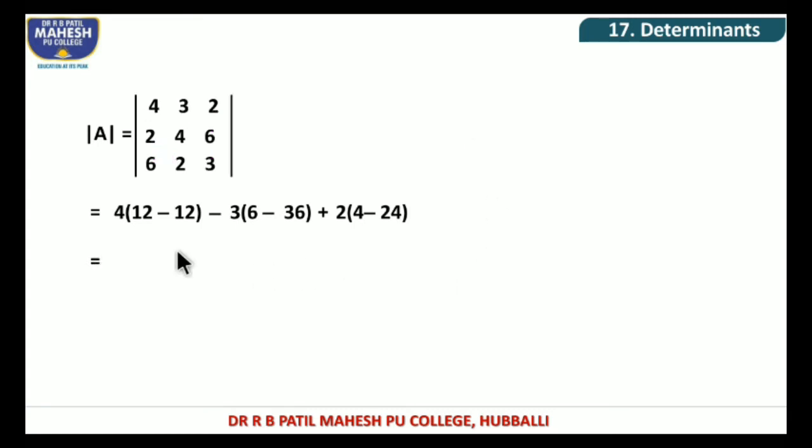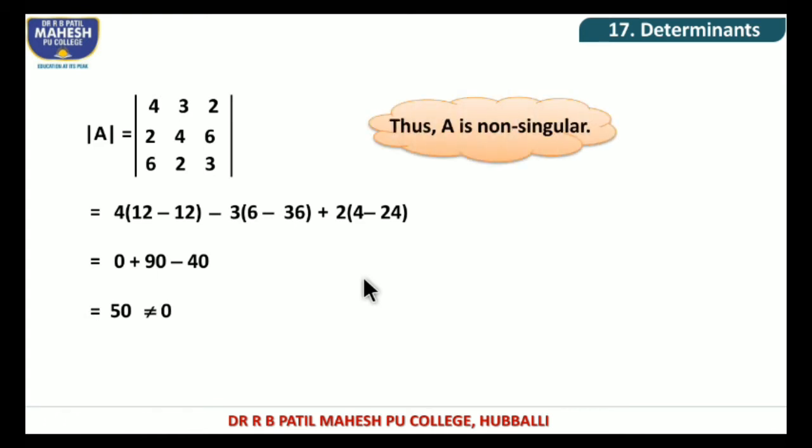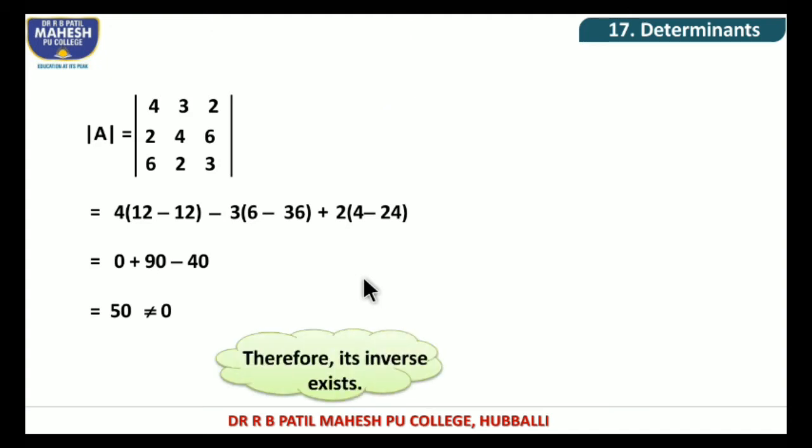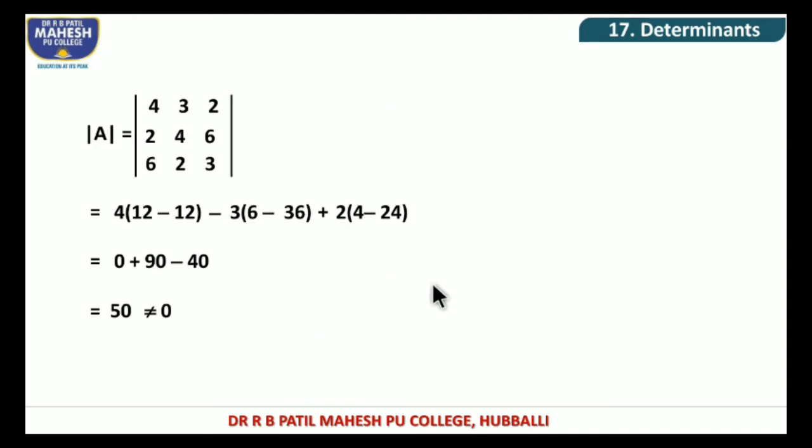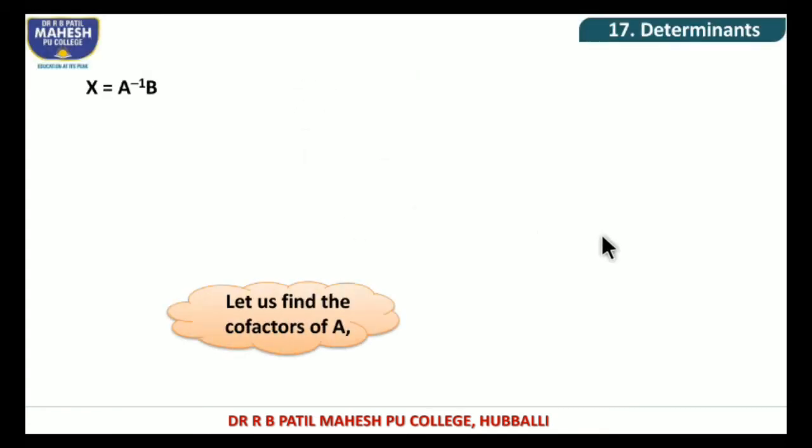Then by simplification this is 0, and it is minus 30 into minus 3, which means plus 90, minus 40. So 90 minus 40 is equal to 50, which is not equal to 0. This means that A is a non-singular matrix, therefore its inverse exists. So if its inverse exists, then we can find X is equal to A inverse into B.